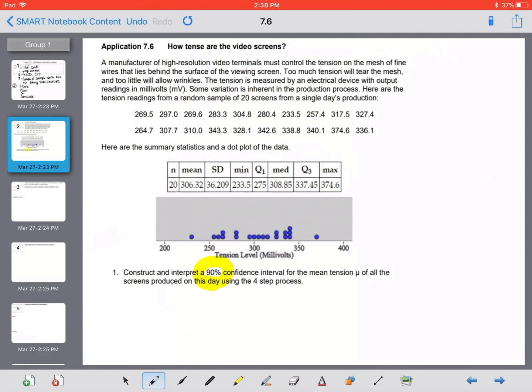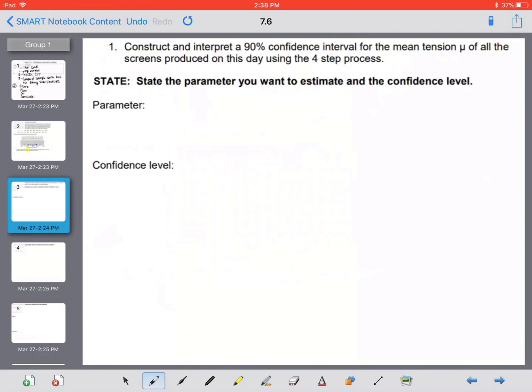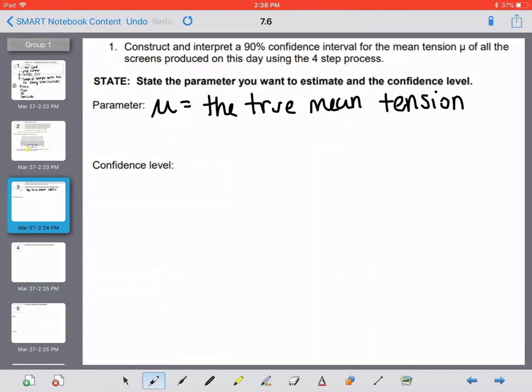Okay, so first part, state the parameter you want to estimate and the confidence interval. Our parameter mu is the true mean tension of all screens produced on this day.